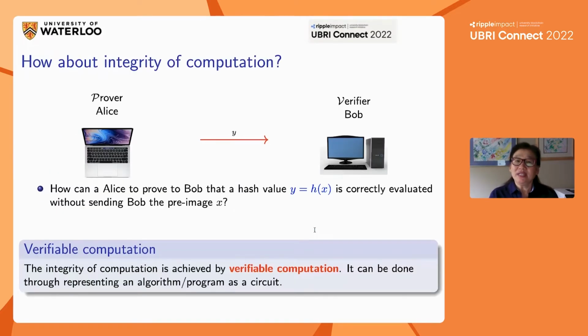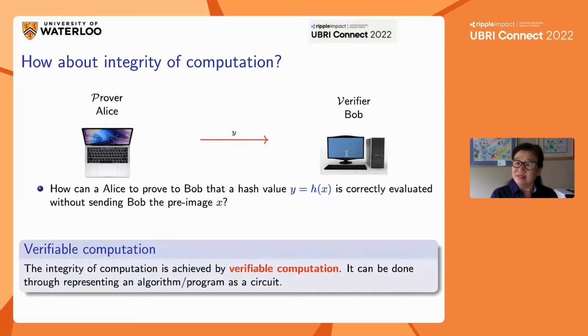How about the integrity of computation? What's the problem? For example, Alice wants to prove to Bob that the hash value y equal to h(x) is correctly evaluated without sending Bob the pre-image x, which means Bob only gets y.